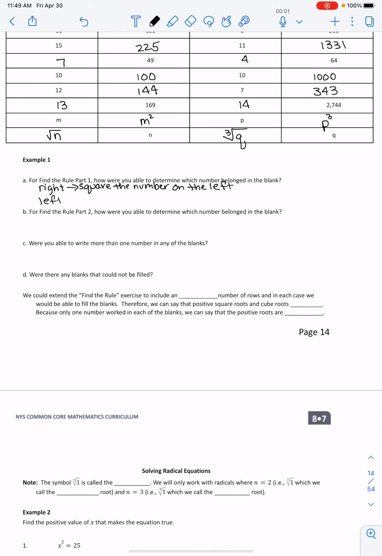Going left, we take the square root of the number on the right.